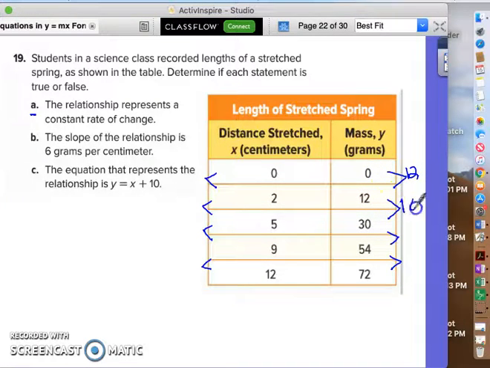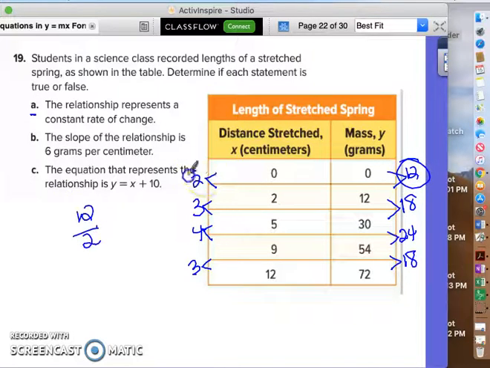And then here I have 18, 24, and 18, 2, 3, 4, and 3. And then I have to put the change of the y over the change of the x. And if that equals the change of the y over the change in this x, it is linear.